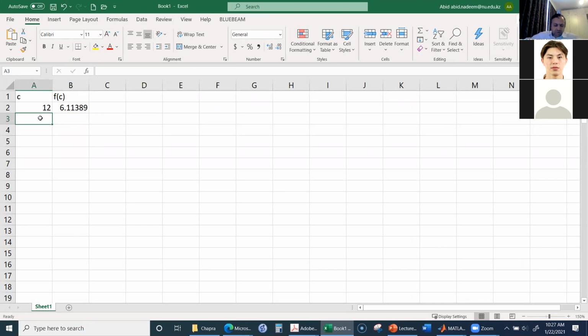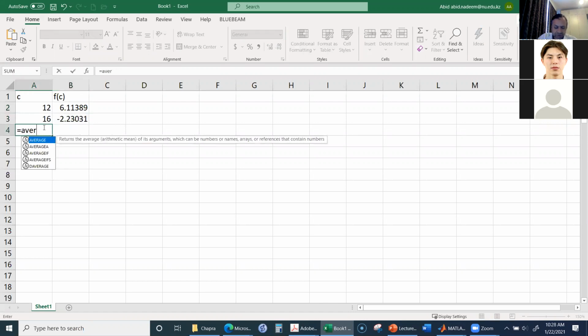So now I am trying to illustrate on the Excel how we can apply the bisection method. For 16, we can calculate this function as minus 2.23. Since both are of opposite sign, our next value of C will be the average of, that means the half of, 12 and 16.